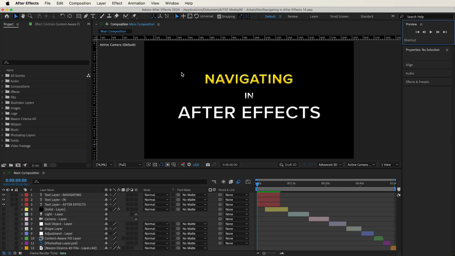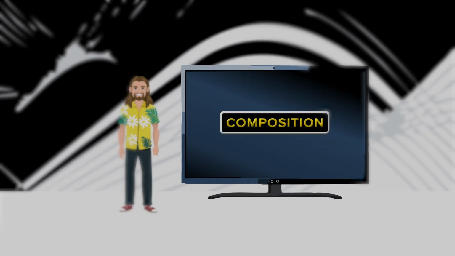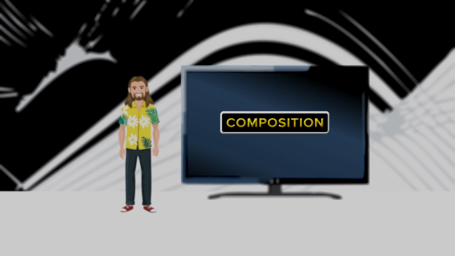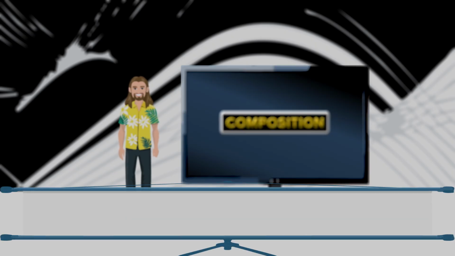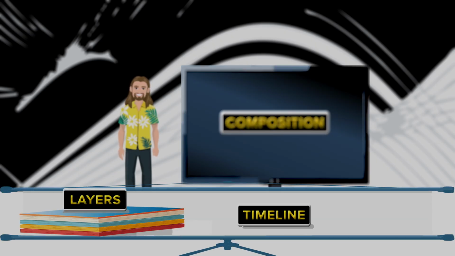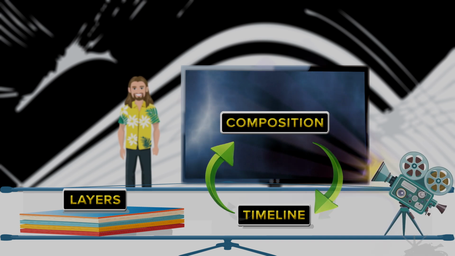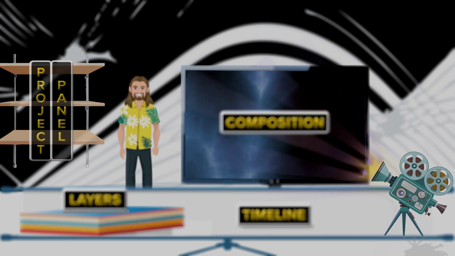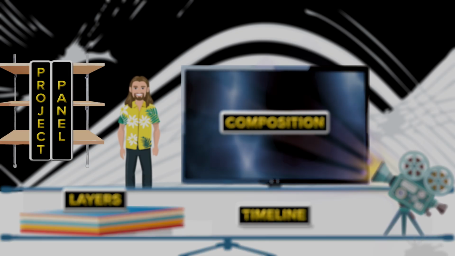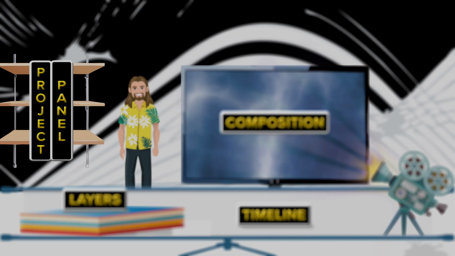Whenever you're clicking on a window panel, it becomes active, indicated by this blue frame around it. Imagine the composition as a big screen and reflection of what you're doing or creating in the timeline using layers, like a large adjustable screen connected to your timeline canvas painting, then showcasing your creation while using the project panel as a kind of shelf filled with all your stunning footage.